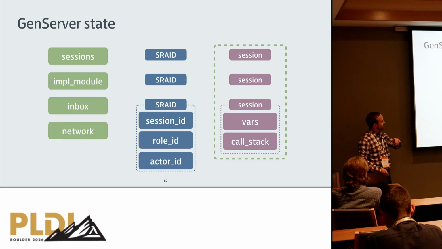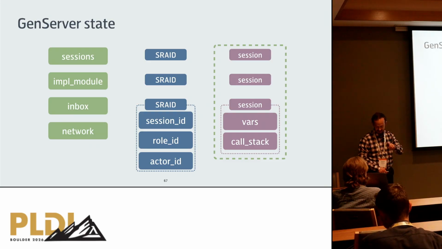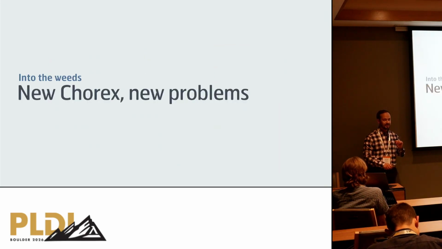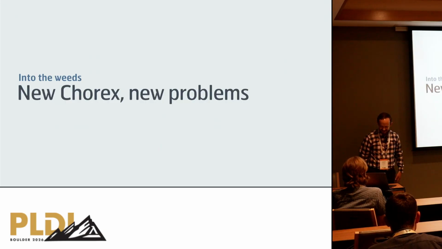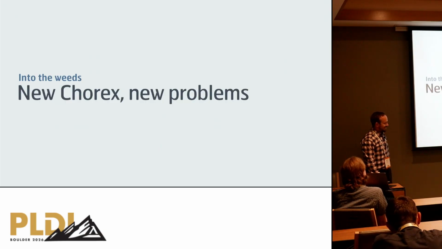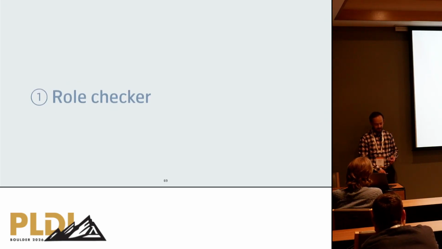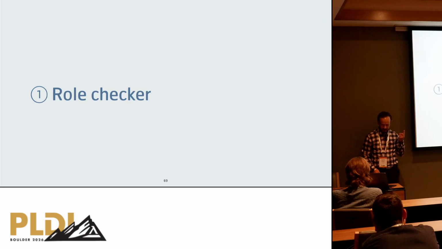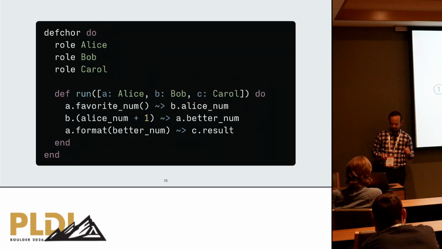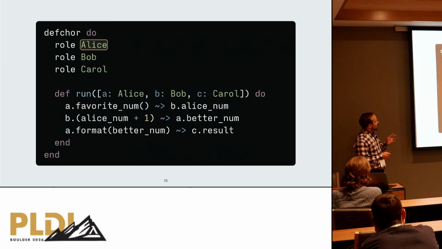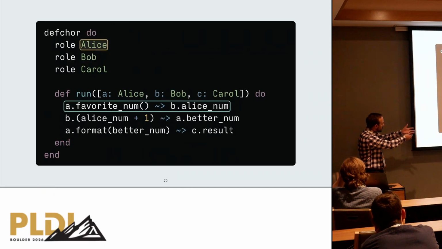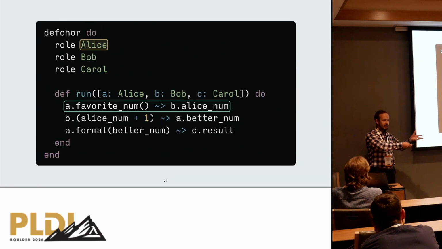I'll get into that in just a minute, what that is, after I talk to you about some new problems that I found. Because I was like, I would love to write this choreography, and then all these new problems started snowballing. The first one is we need something like a role checker, not like a type checker, but a role checker, because the role Alice is up here, but down here in the choreography where I'm trying to talk about a process that implements Alice, there's no Alice right there.